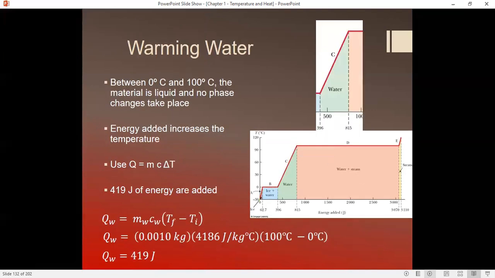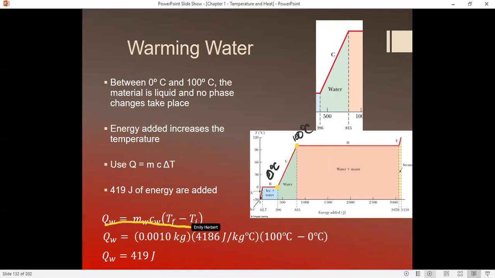So now I'm here, at 0 degrees, and I'm going to go up to 100 degrees. So again, whole new equation here.